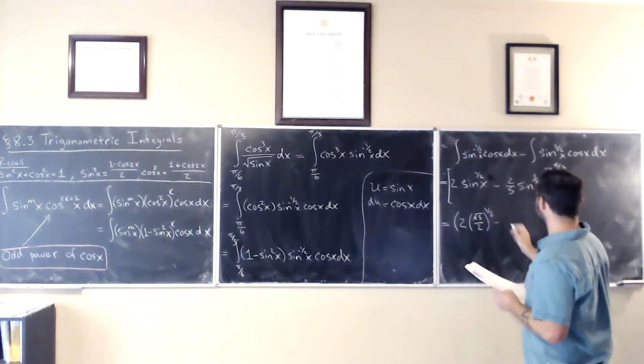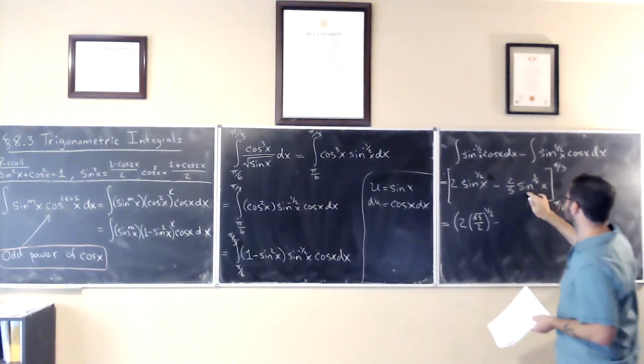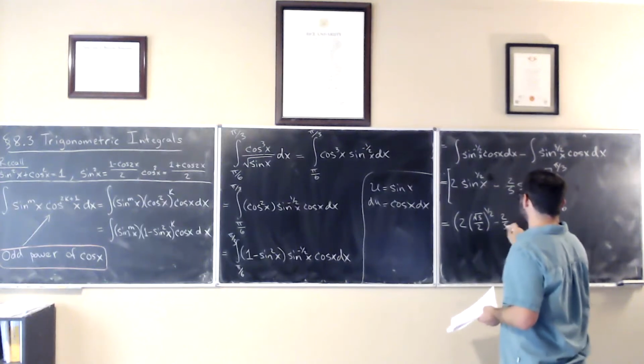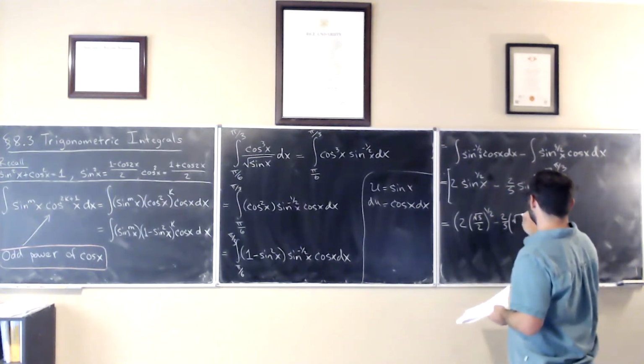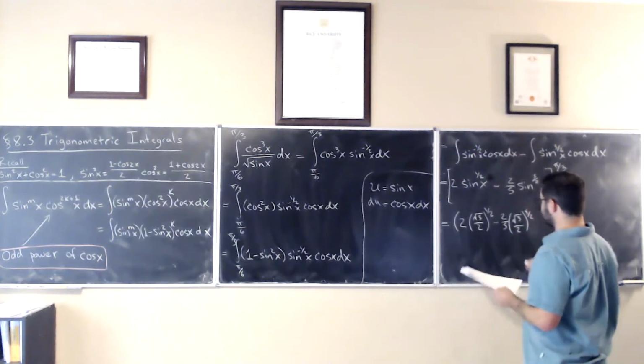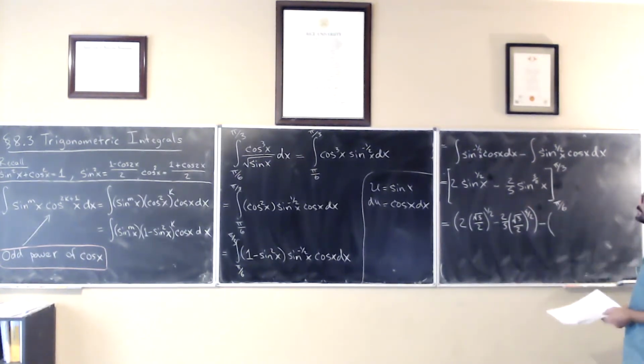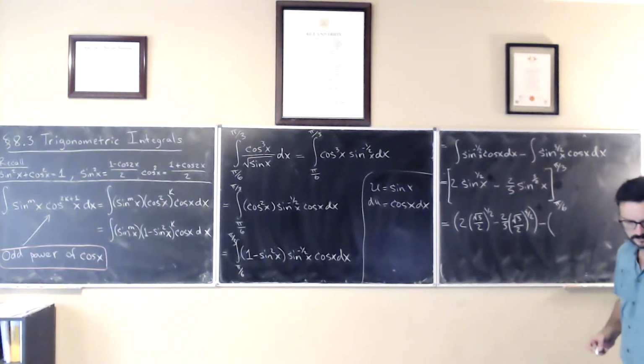And then this, so sine, it's still root 3 over 2, just now to the power 5/2, all minus, now you have to plug in pi over 6, so that's a 1/2.